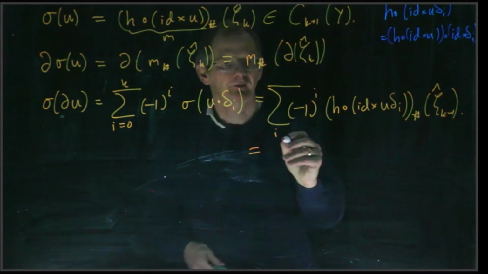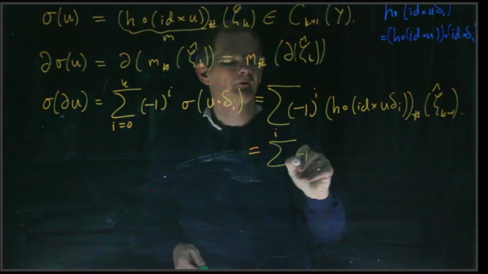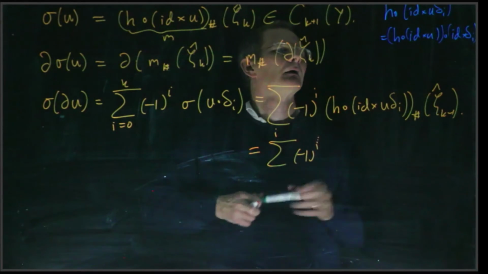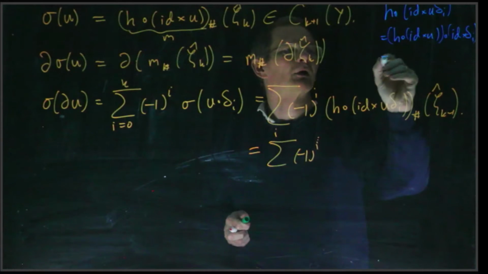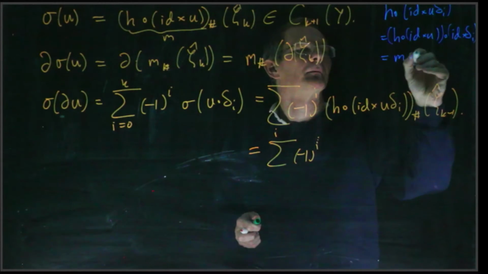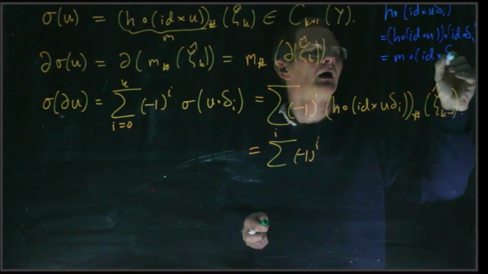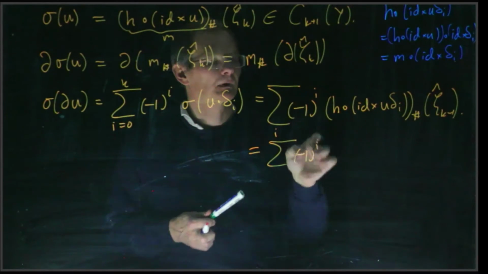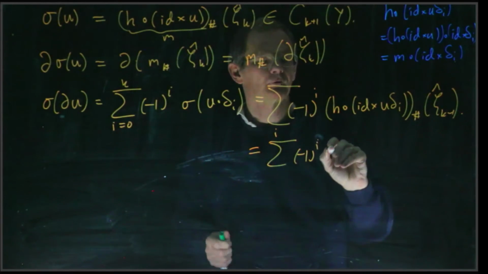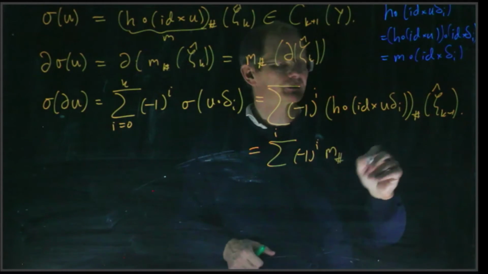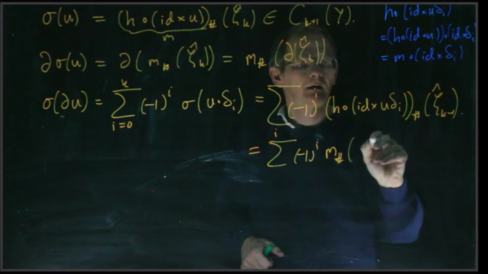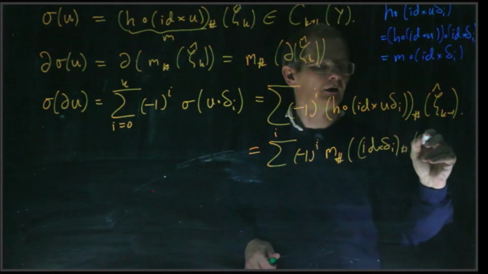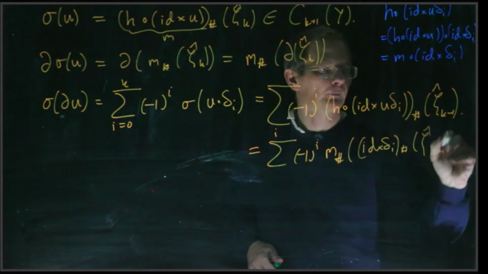This is again the sum of (−1)^i, and recall we were calling this map M, so that's M composed with identity cross δ_i. So you've got M hash of id cross δ_i hash of c_{k−1} hat.